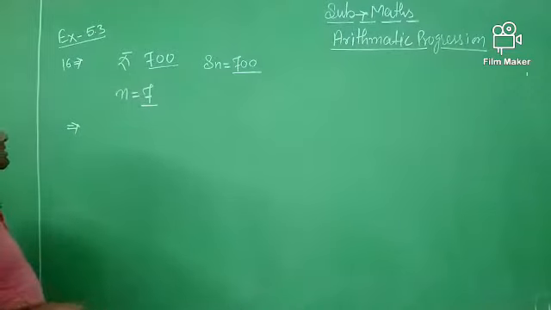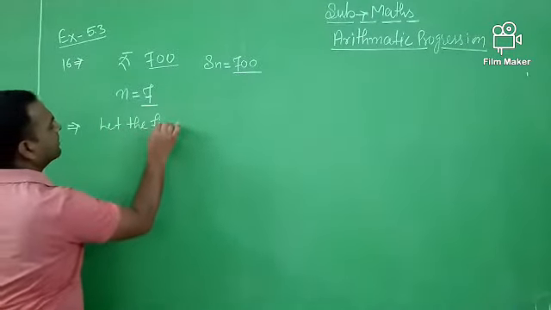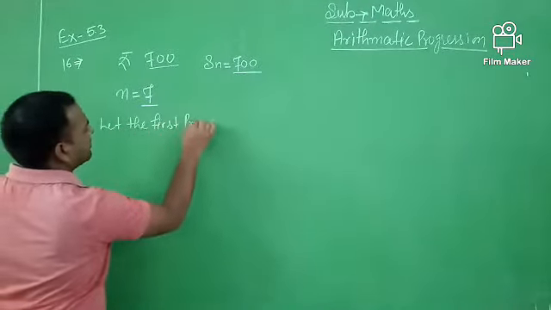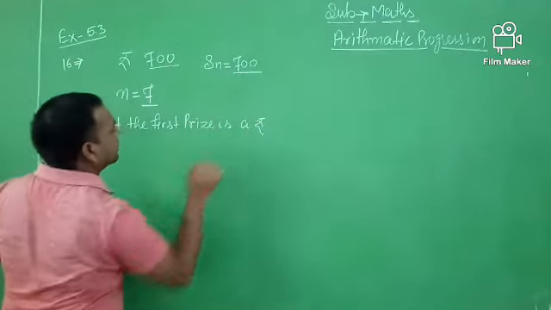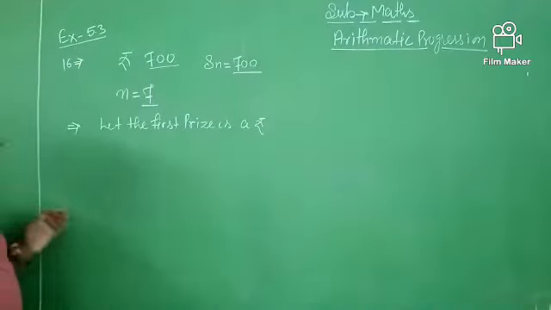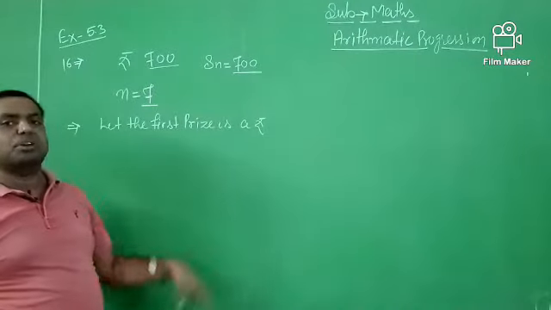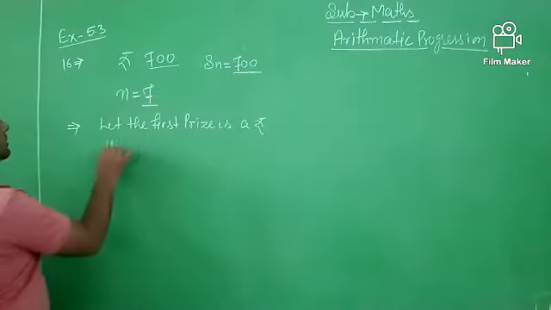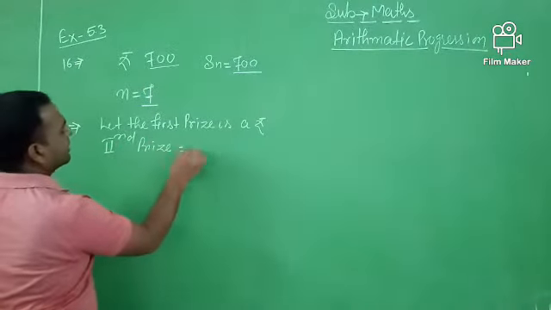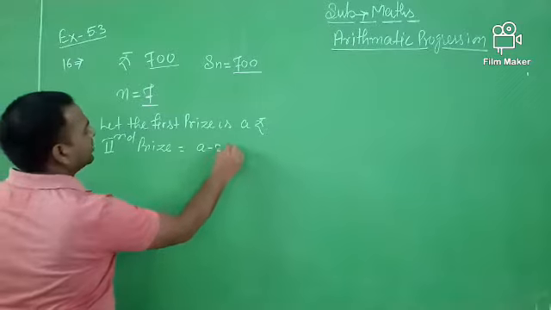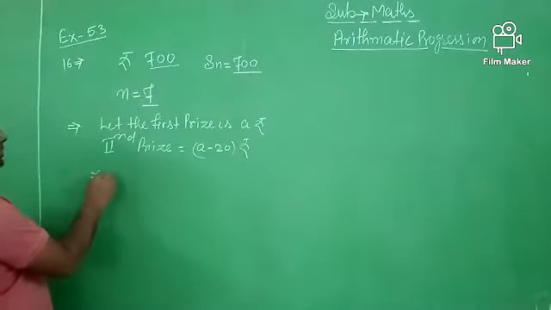Let the first prize be a rupees. Suppose the student who stands first got the prize a rupees, and the second prize is 20 rupees less, which means the second prize is equal to a minus 20 rupees. So here you find the value of a and d.